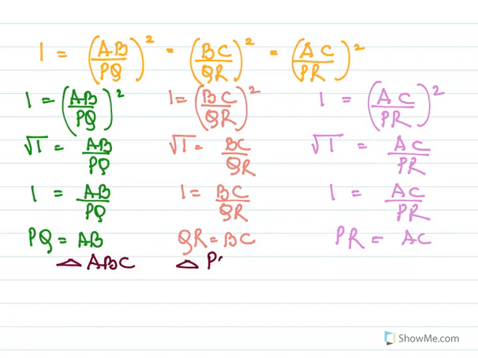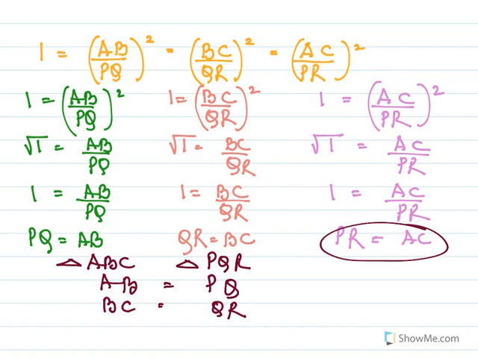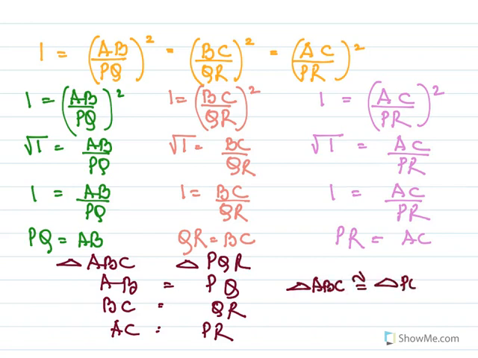So in triangles ABC and PQR, we have shown AB equal to PQ, then BC equal to QR, and third AC equal to PR. So triangle ABC is congruent to triangle PQR by the SSS test. And that was what was asked, to show that the triangles are congruent.